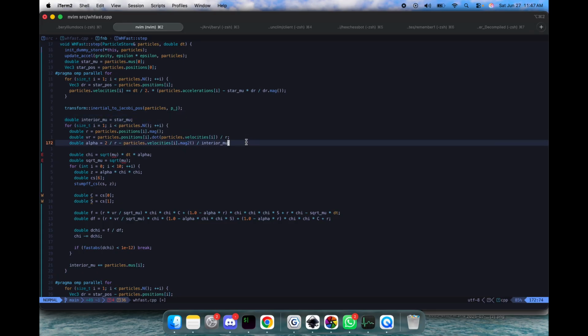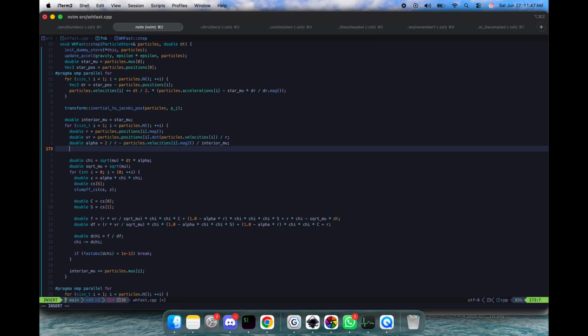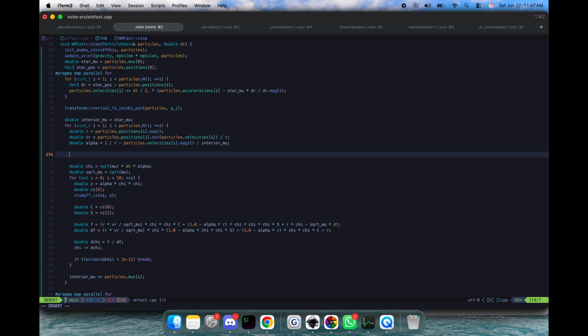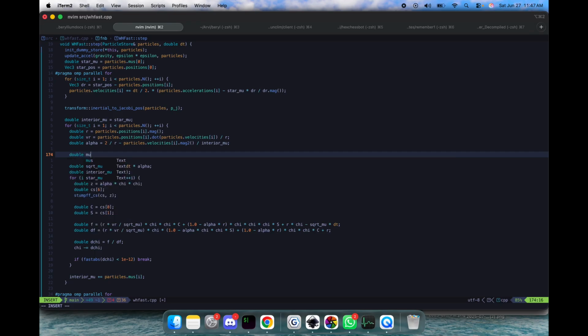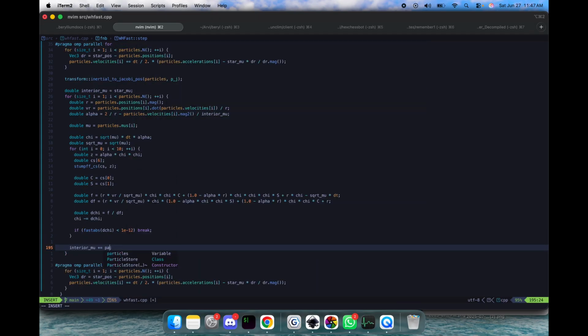If I just do, mu is not a thing, I'm just gonna say double mu equals particles dot mus index i. And since it's already being used, may as well just use it here too. Also, I assume these are consts.